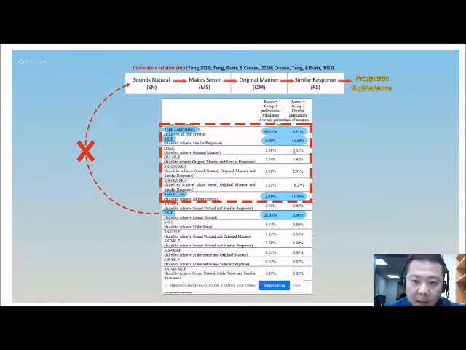Because any possible assessment outcome that is not within this square shows mostly 0%. So that's the first thing.